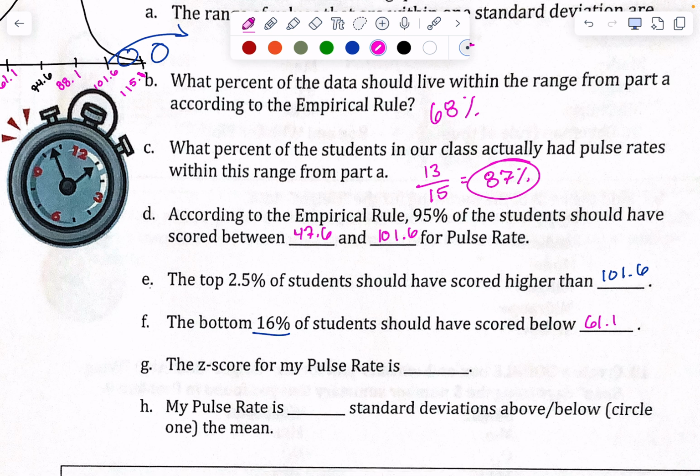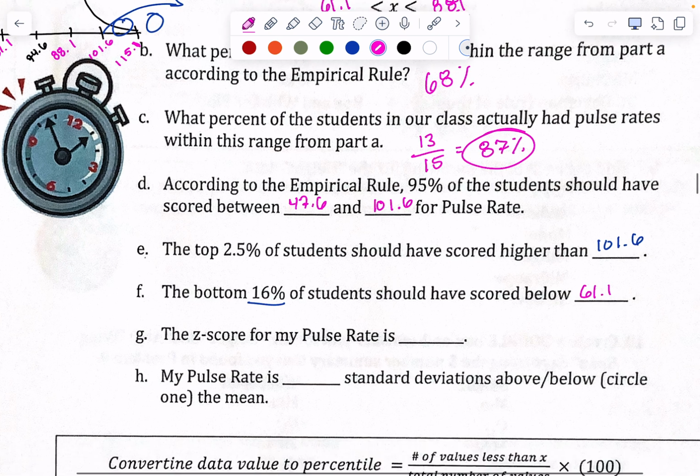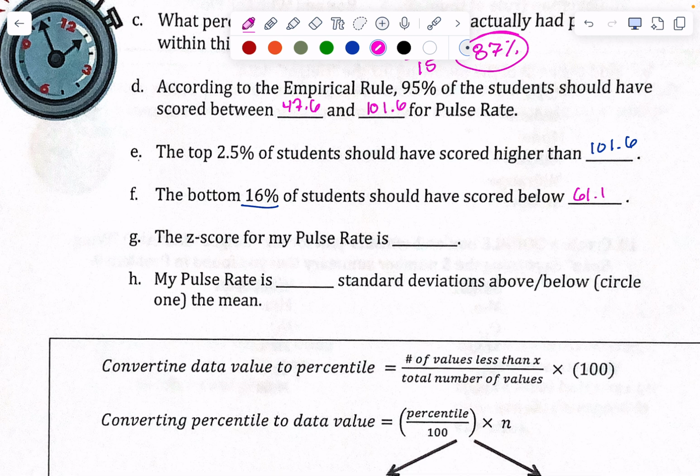Okay, then you got to do yours. The Z-score for my pulse rate is blank. Just FYI, it should be different for everybody, except for the people who have the same. Like, I think there's two 77s and two 73s. It's on the bottom of the page before it. It's X bar.